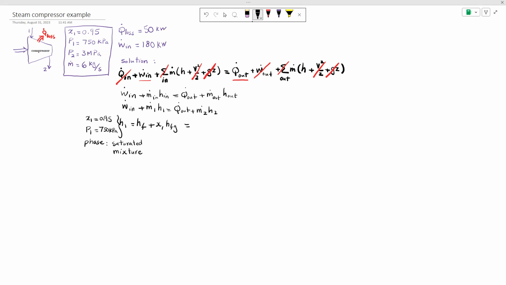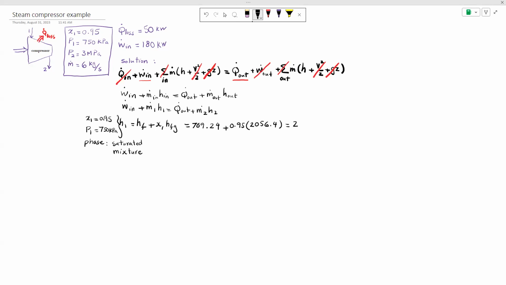Hf at 750 kilopascal is 709.24 plus quality of 0.95 times Hfg at 750 kilopascal, which is 2056.4.